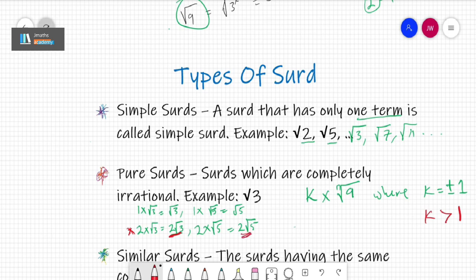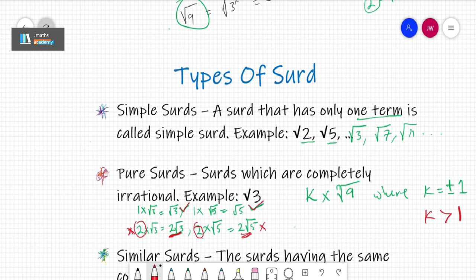So these are pure surds because our k here is 1, but these are not pure surds because our k here is more than 1. So if you have any value greater than 1 multiplying your surd, it is not a pure surd. But if you have 1 multiplying your surds, then it is a pure surd.